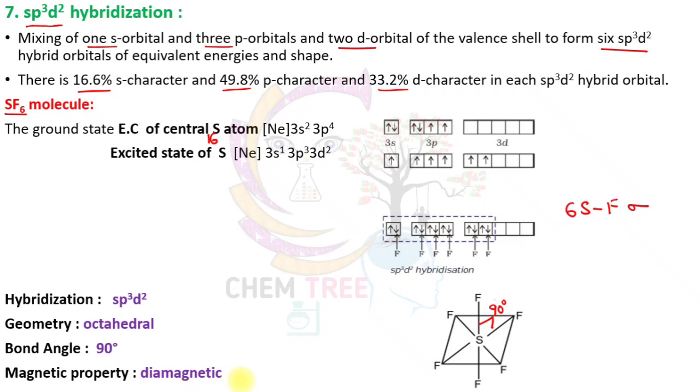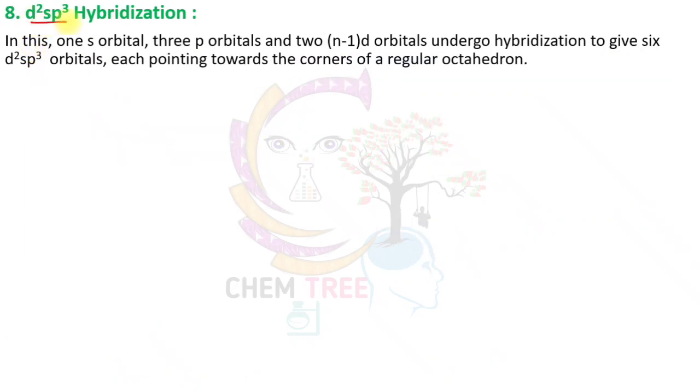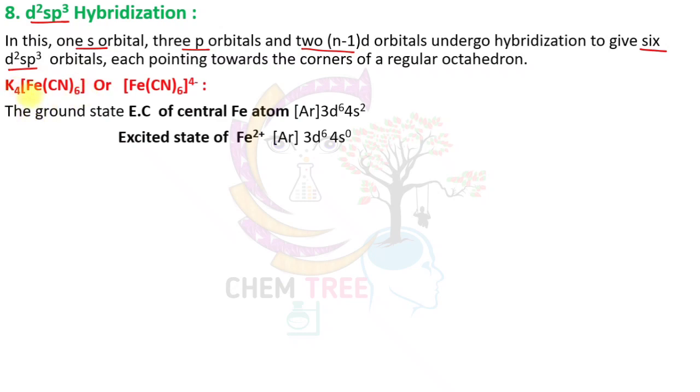Next one, d2sp3 hybridization. In this, 2 (n-1)d orbitals, 1 s and 3 p orbitals are intermixed and form 6 d2sp3 hybrid orbitals. For example, the potassium ferrocyanide complex.